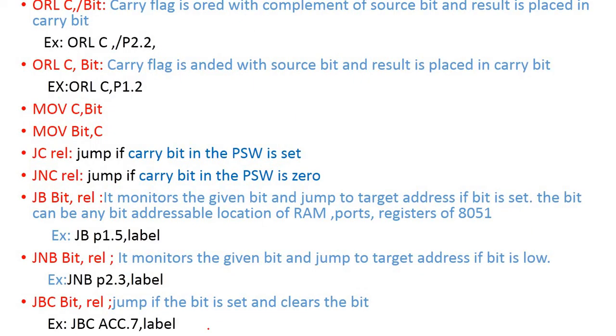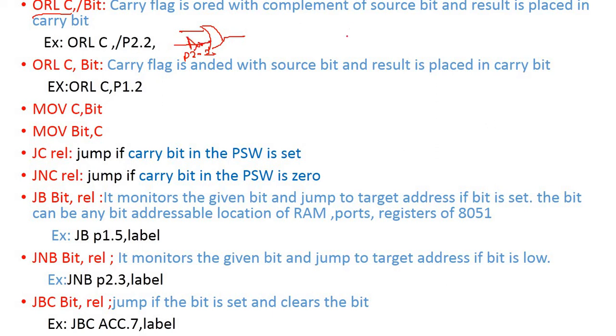So next, similarly, we have the OR operation. This does the logical OR between the carry bit and the complement of the bit. It is the same as what we discussed for the AND operation. So it does the OR operation between the carry and P2.3, and here /bit is nothing but the complement of P2.2.